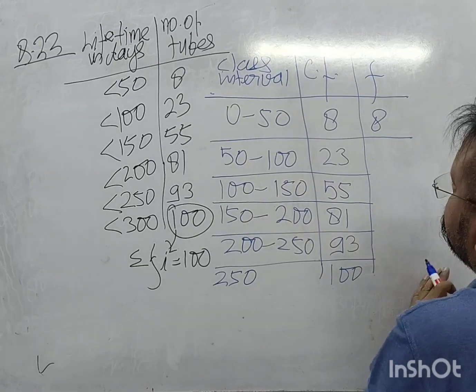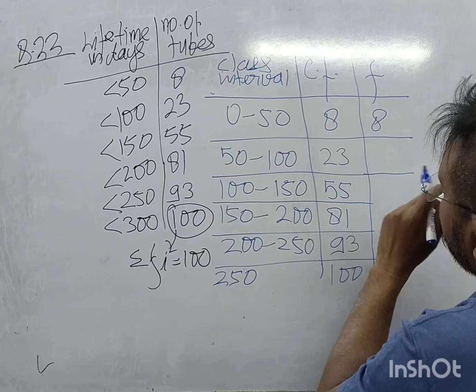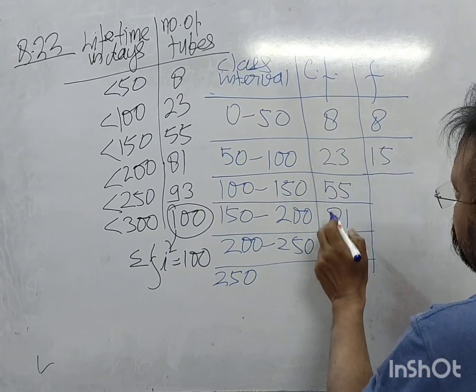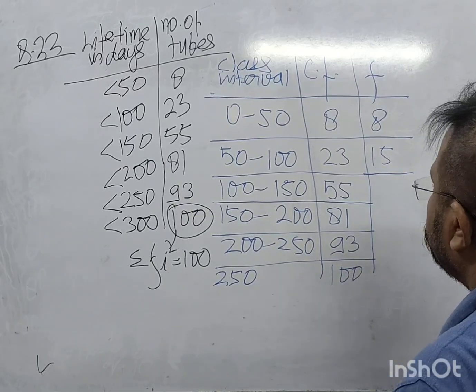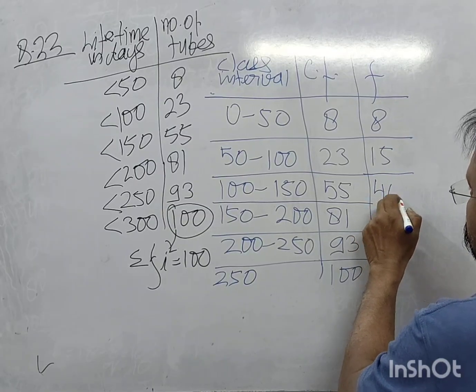I'm doing wrong. First one is correct. 23 minus 8 becomes 15. Now 55 becomes 40. That is okay.